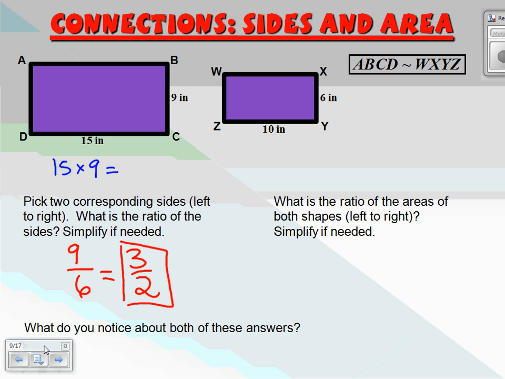Well, I'm going to help you guys out with this. 15 times 9 is 135 inches squared. On the right-hand side, the answer, after you multiply the length times width or base times height, is 60 inches squared.